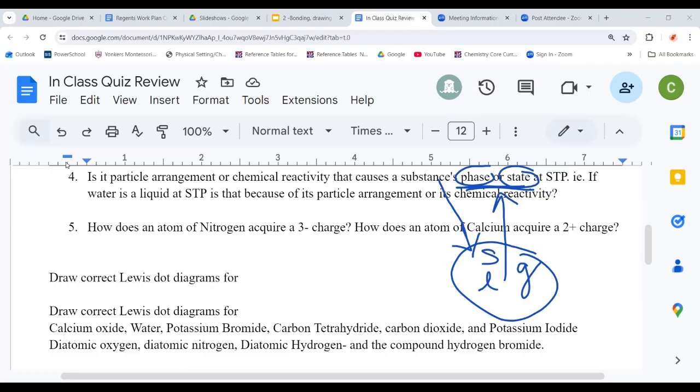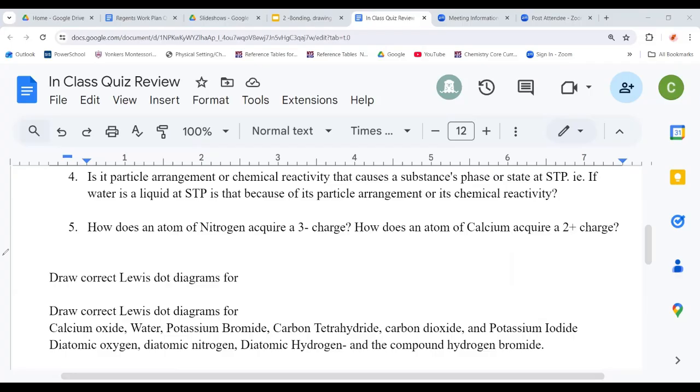Solid, liquid, gas is a physical thing. Freezing water or boiling water does not require a chemical reaction. And that's why this physical thing is based on particle arrangement, not chemical reactivity. I hope that's clear. Make sure that you're doing that for yourself. That's a very good reading strategy to help you, especially to decode these ridiculous Regents questions.